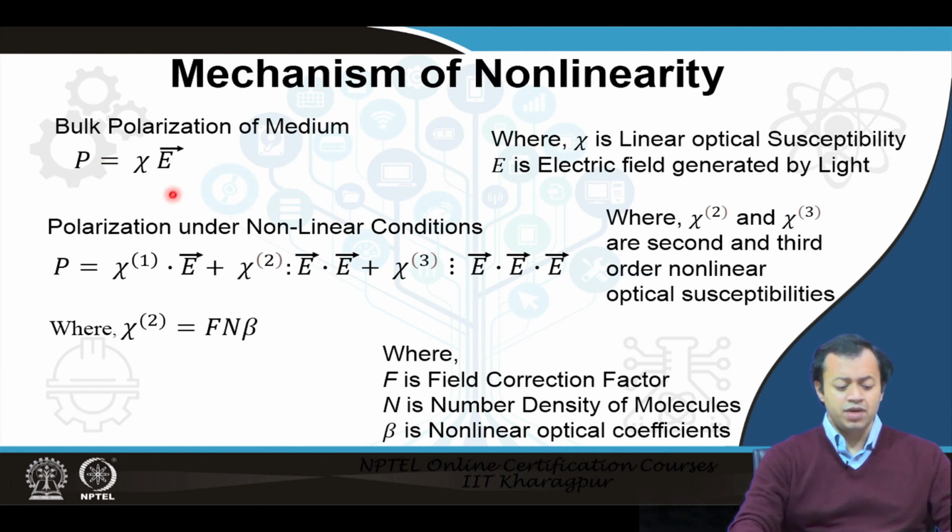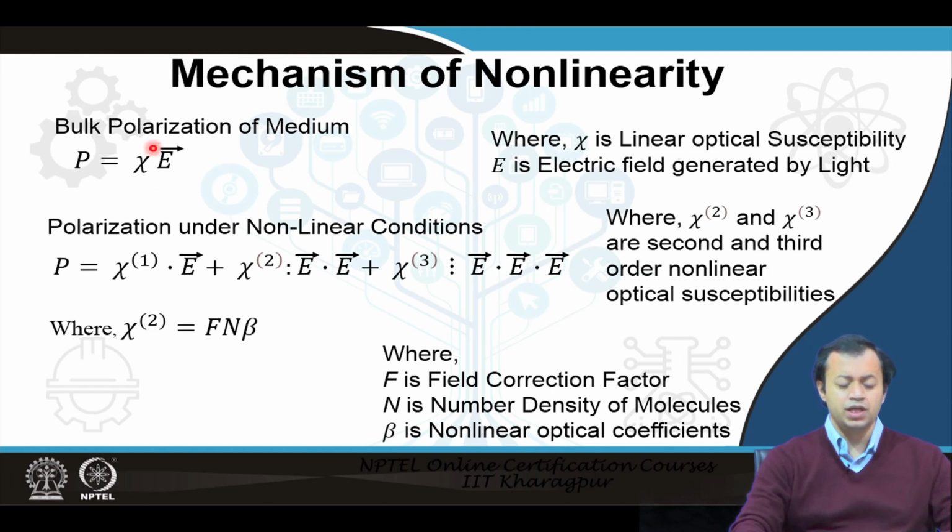So, certain materials quickly redistribute their electron cloud according to the electric field, and the measure of how quickly is given by chi, the linear optical susceptibility.